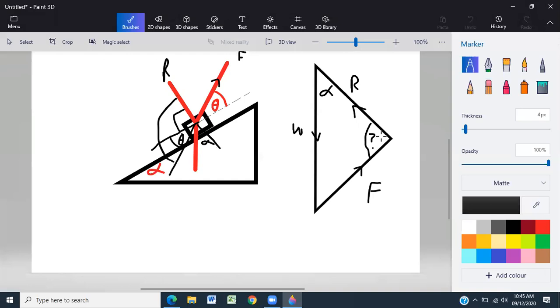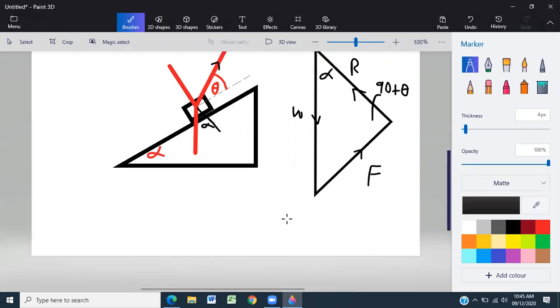So this angle here is the same as this entire angle here. So let's just call this angle here 90 plus theta, right? Because theta is some unknown angle to the plane that we're applying this force for this general case. So let's set it up.